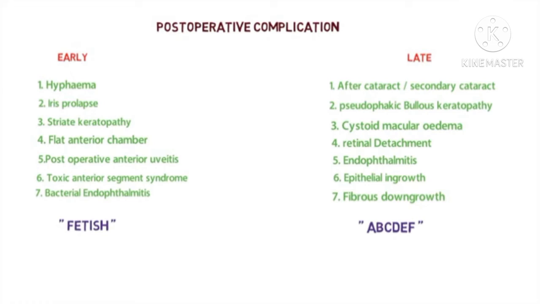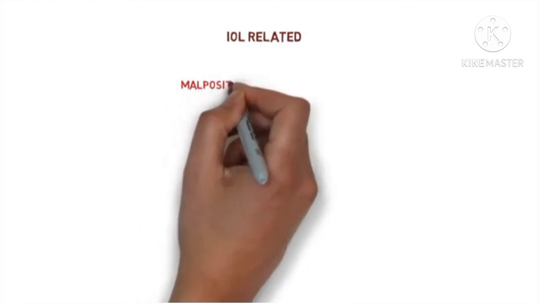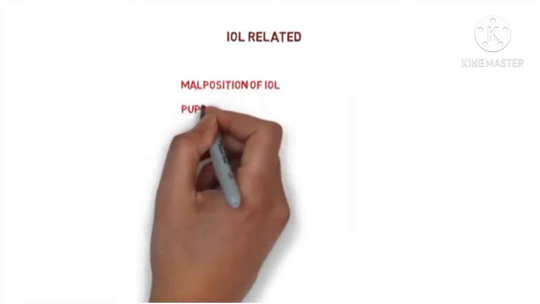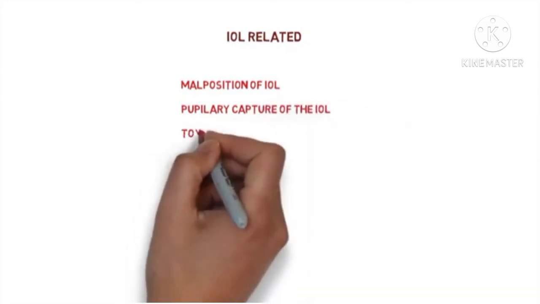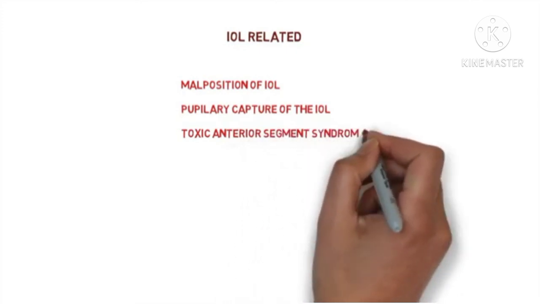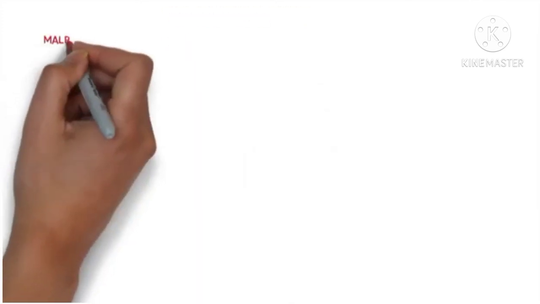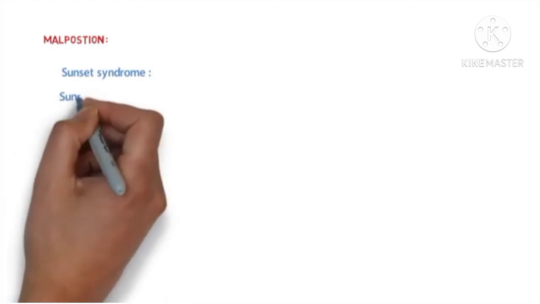So this is about early and late postoperative complications. And at last, we are going to discuss intraocular lens related complications. In these there may be malposition of the intraocular lens, pupillary capture of the intraocular lens, or toxic anterior segment syndrome. In malpositioning of the lens, there may be sunset syndrome or sunrise syndrome.